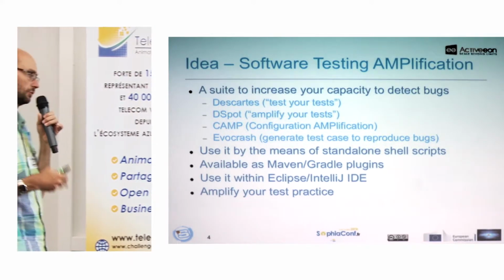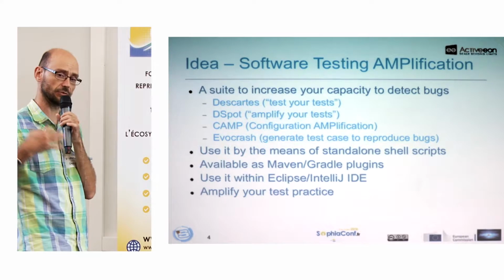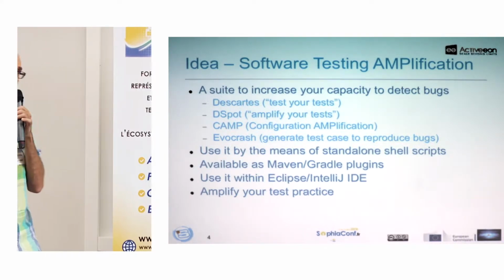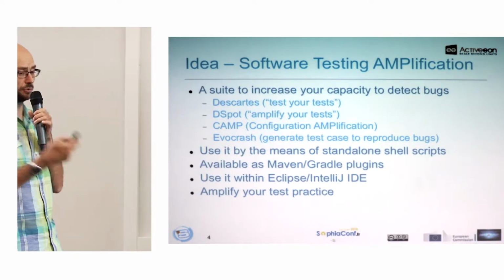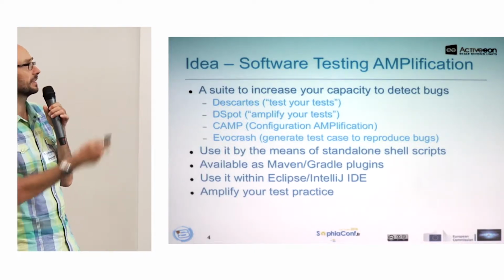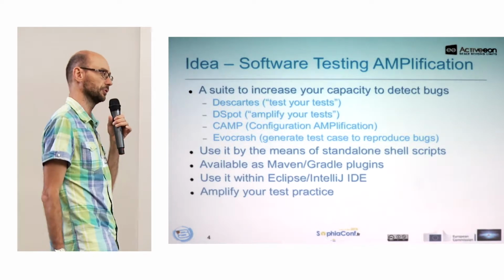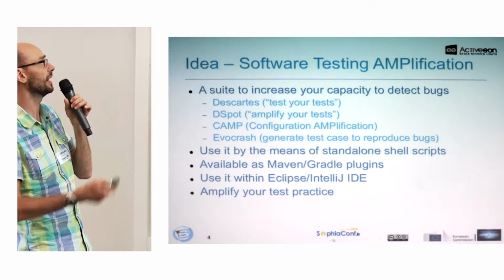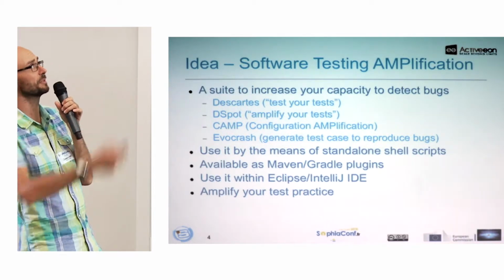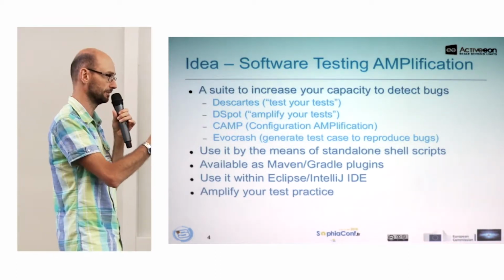For EvoCrash, you don't even need tests at all. You start with a stack trace and you automatically produce JUnit tests. And you can use them directly, but also, as I said, they are integrated into your favorite DevOps tools. And the tools will amplify your test practice. STORM means software testing amplification.